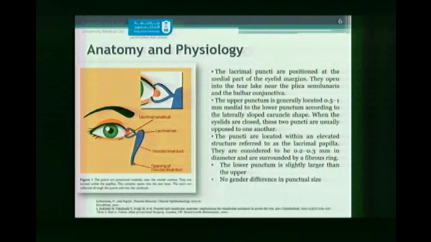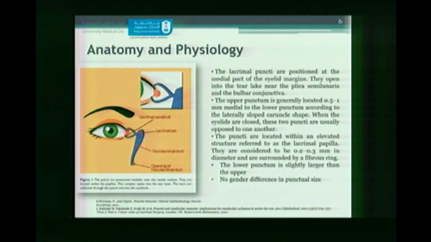I won't go through the anatomy and physiology a lot. I just need to remind myself and the audience about some facts about the puncti. The lacrimal puncti are positioned at the medial part of the eyelid margin, of course. The upper punctum is generally located 0.5 millimeter medial to the lower one, and it's usually more obliquely oriented. The importance of the puncti in the lacrimal pump mechanism is very crucial.